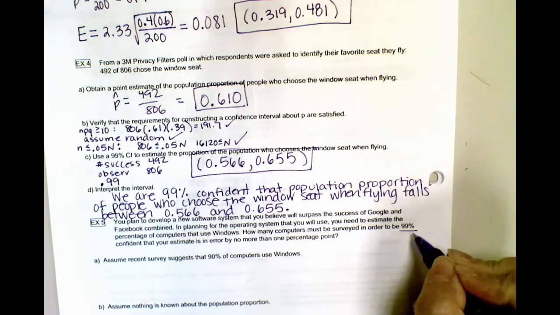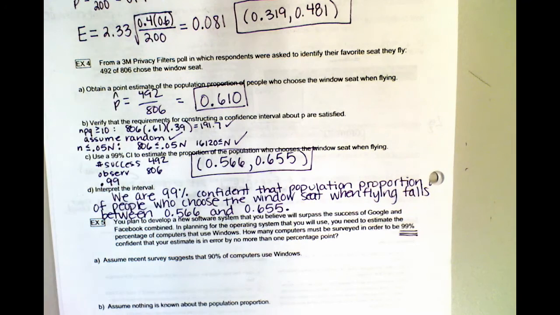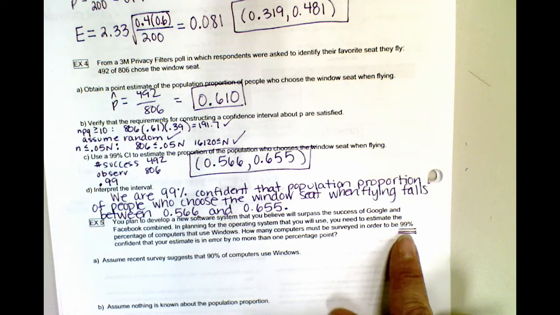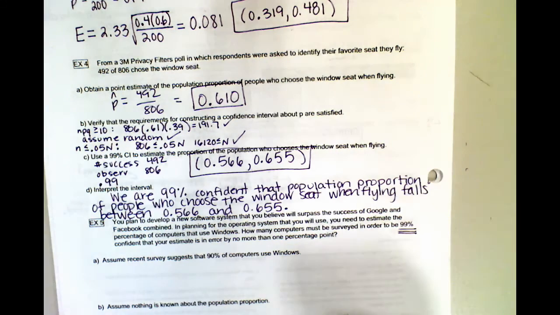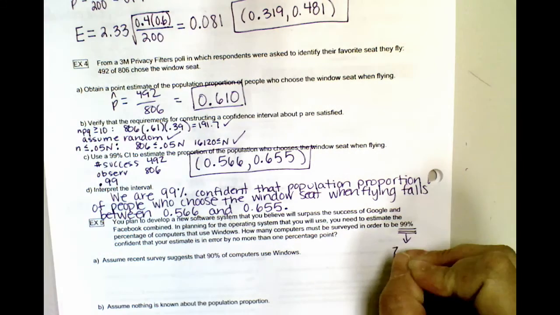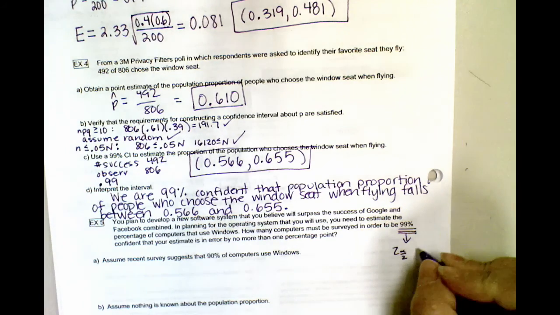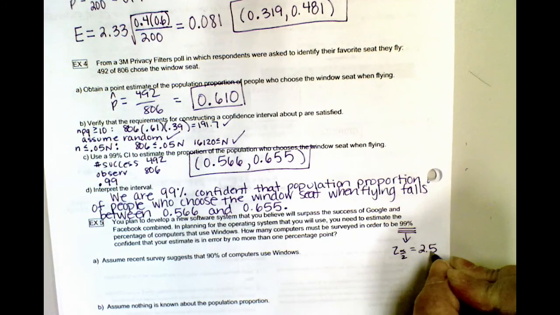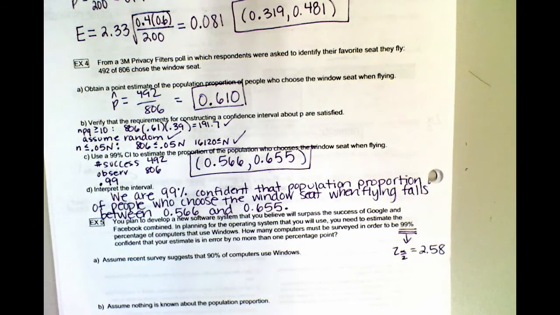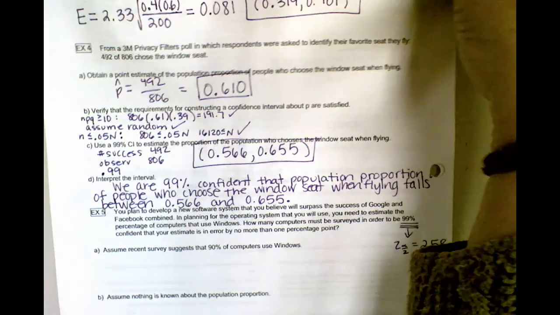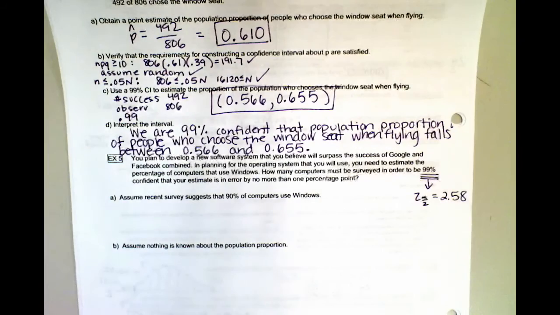It says 99% confident. So that z sub alpha over 2, again, I showed you in example 1 how you can find any z sub alpha over 2, but this is one that's in our chart. So I just know that this is 2.58. I pulled it from the chart, but you can use the normal calculator to find any of them.